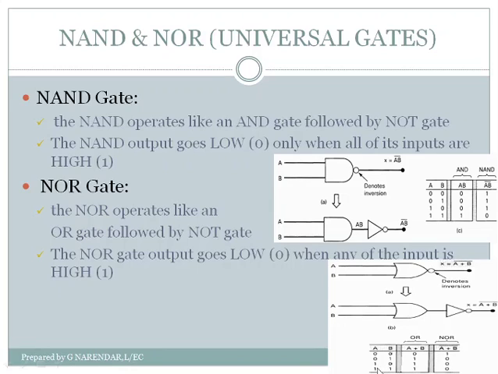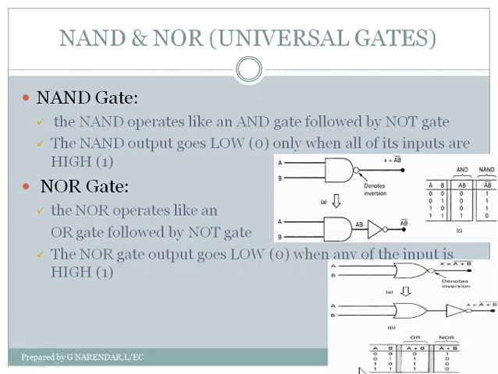In the last case, when A equal to 1, B equal to 1, the output of NOR gate X equal to (1 plus 1) bar, and 1 plus 1 is 1, and 1 bar is 0. And here you can see that the output of NOR gate is 0 when both the inputs are 1.